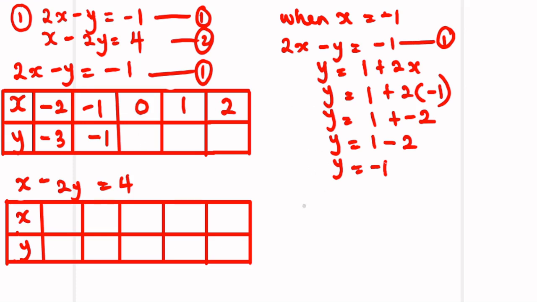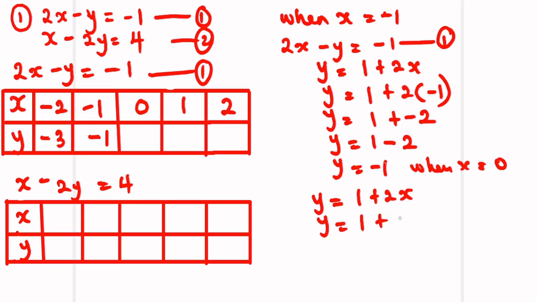So when x is 0, we have y equals 1 plus 2x. Remember we made y the subject of formula. So when x is equal to 0, we have to put 0 in x. So y equals 1 plus 2 into bracket 0. y equals 1 plus 2 times 0, which is 0. Now y equals 1 plus 0, which is 1.